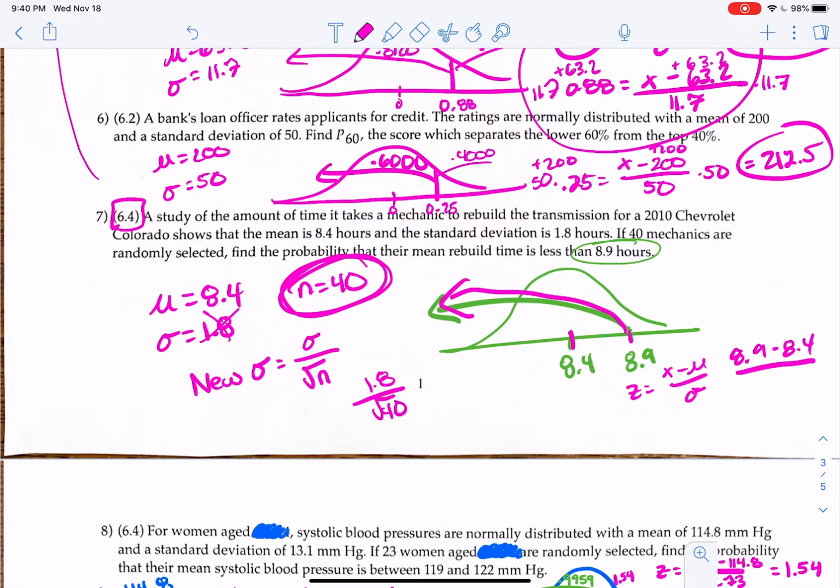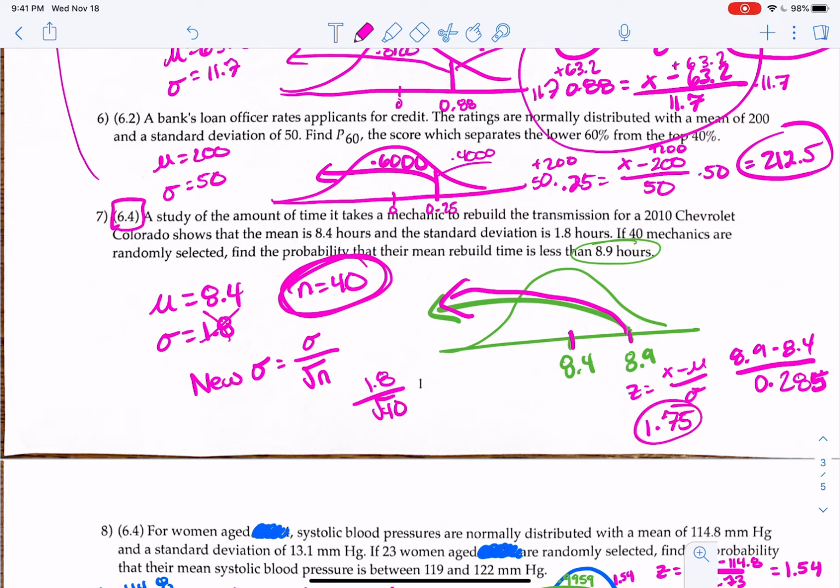Okay, so give me just a second to do this. 1.8 divided by the square root of 40, enter. 0.2845, let's go. Okay, so 8.9 minus 8.4 divided by 0.285, and that is a z-score of 1.75.